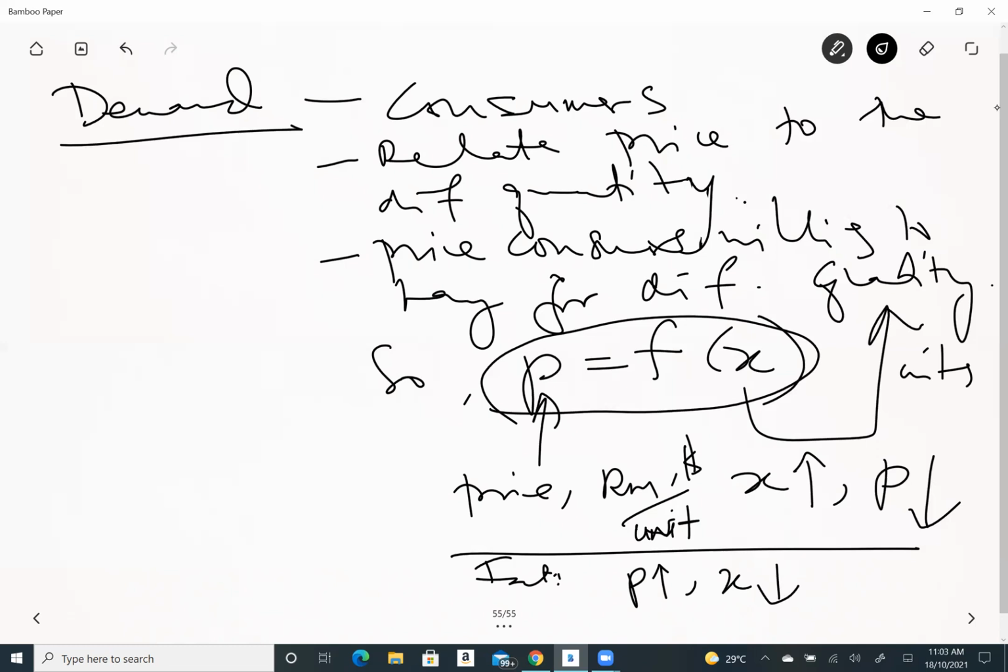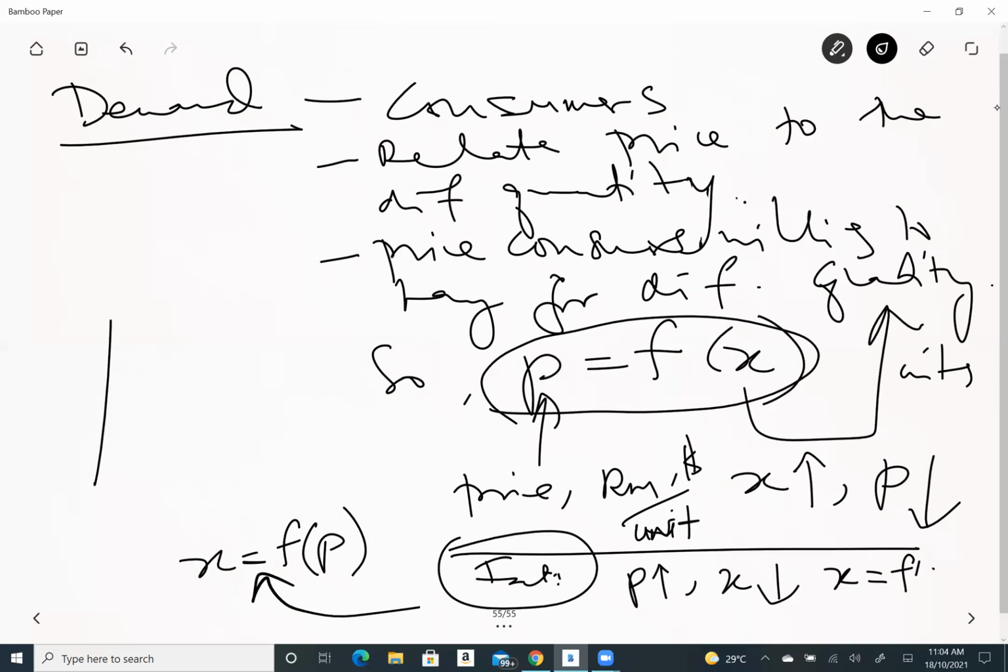So the demand function can work either way: you can have X as a function of P. Either way, it can be that X increases and the price goes down, or the price increases and the quantity goes down.